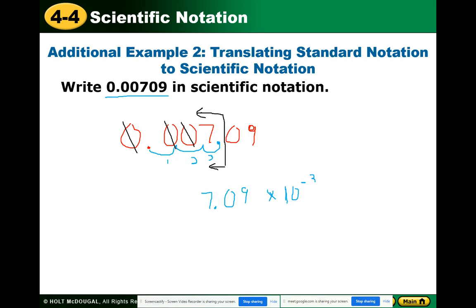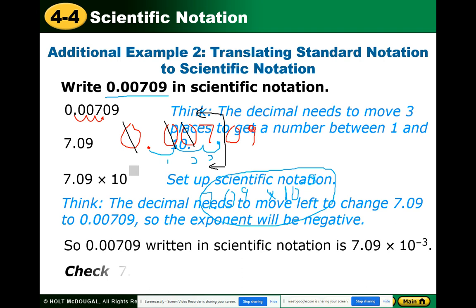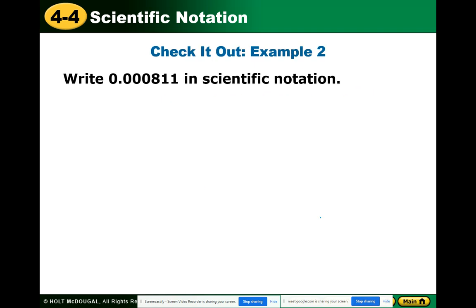How did you get 3, Lucas? Oh, move the decimal 3 spaces. Oh, Lucas, you did a very good job there. So 10 to the negative third. Lucas's work showed a lot better.